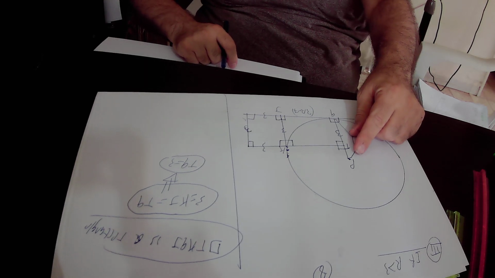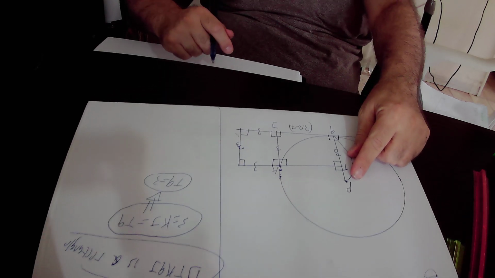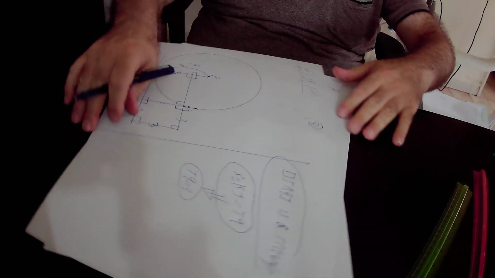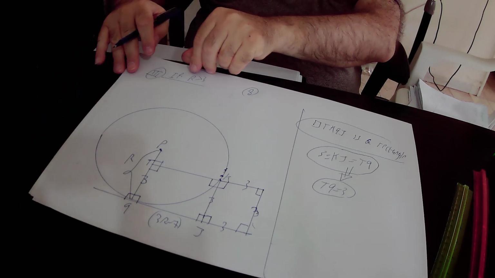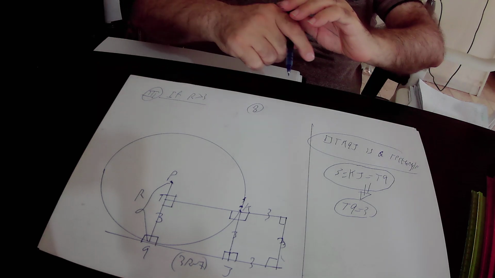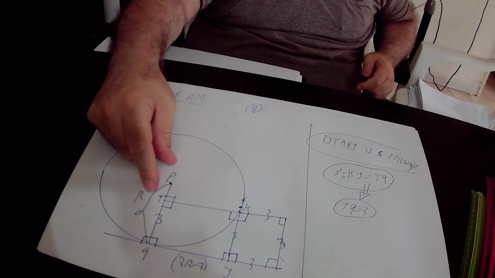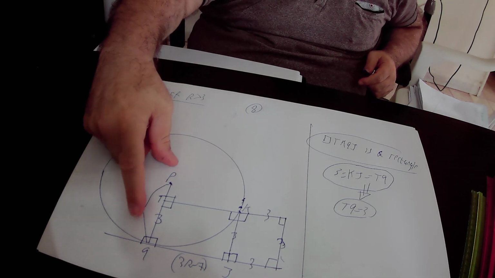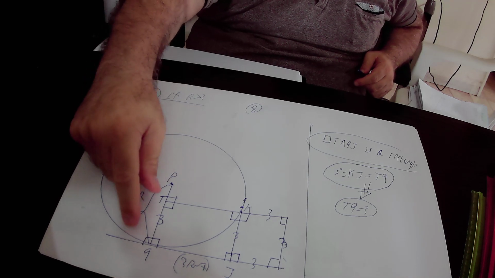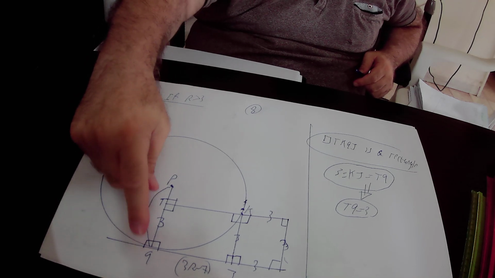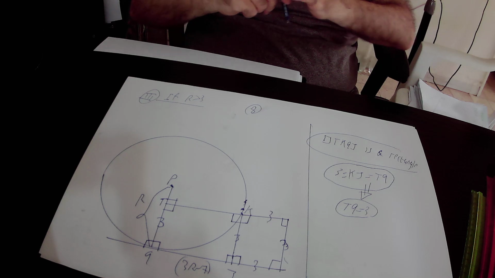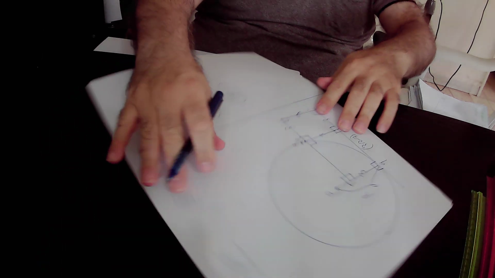So what is the value of PT? From the drawing, it is very easy to see that the value of PT is equal to PQ minus TQ. I write it down.